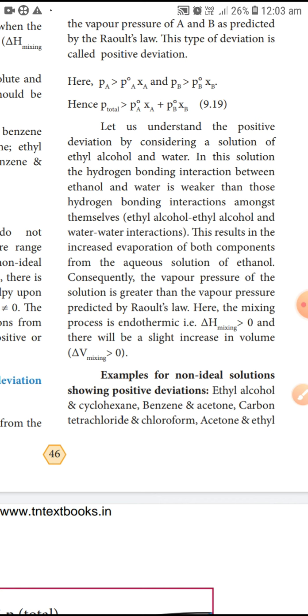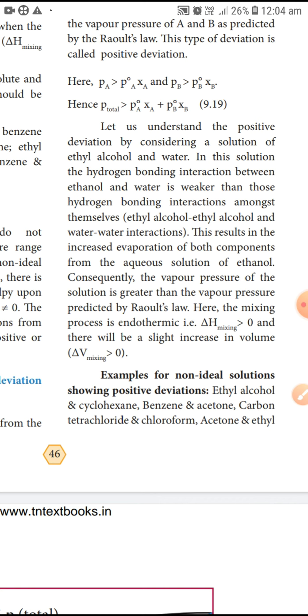So this results in increased evaporation, that is vaporization, of both components from the aqueous solution of ethanol. So the vapor pressure of the solution is greater than the vapor pressure predicted by Raoult's law.